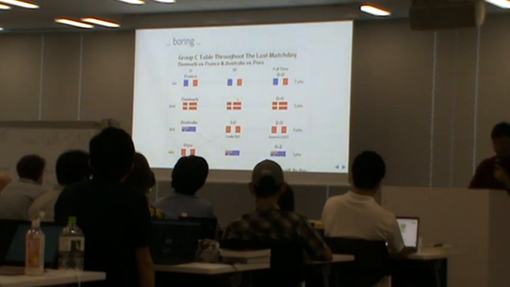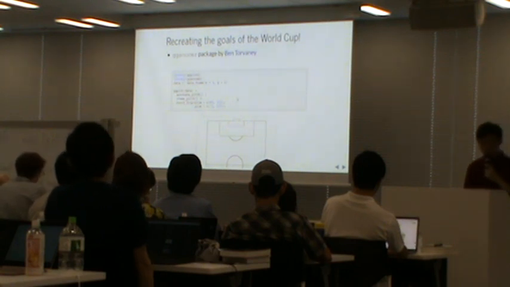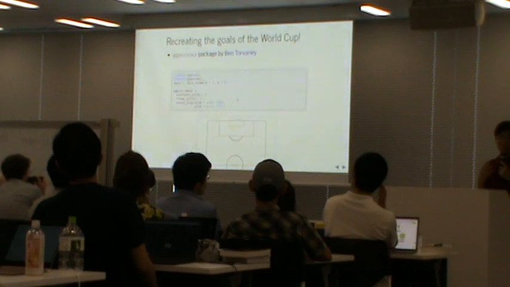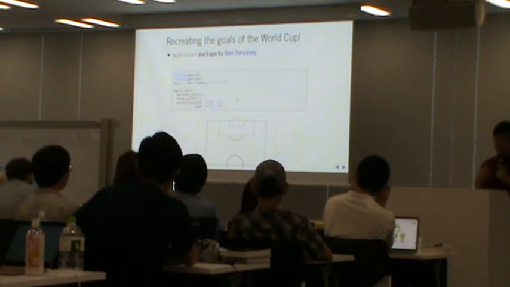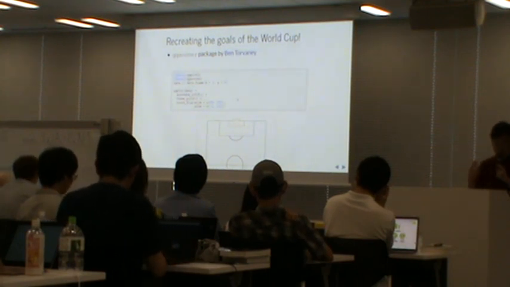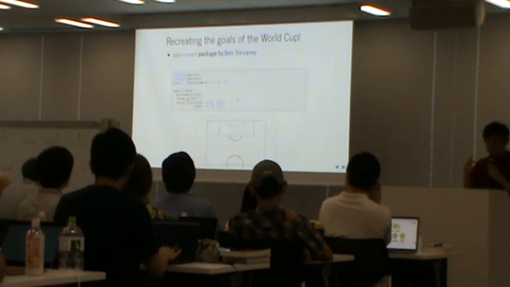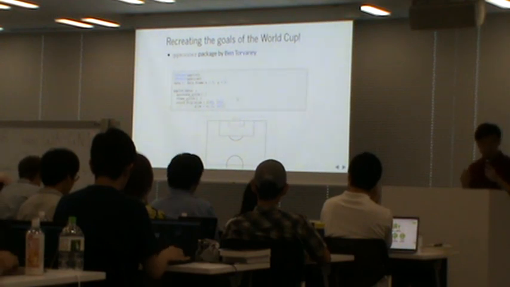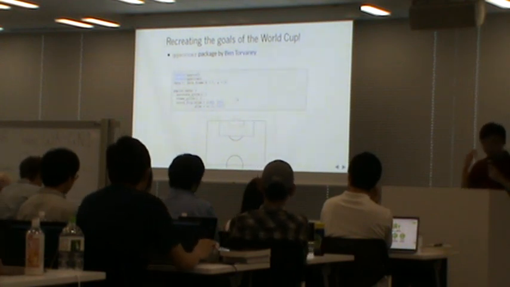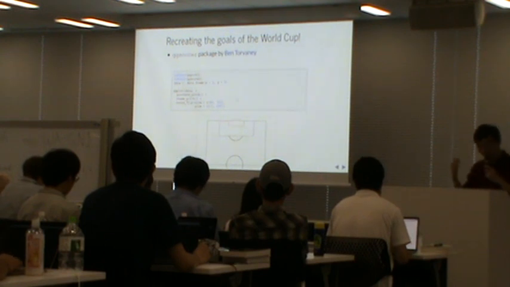So now let's go on to recreating the goals of the World Cup. For doing these, I primarily used the ggsoccer package by Ben Torvaney, which is used in conjunction with ggplot2 to draw a soccer field in R. Basically, the annotate_pitch function creates the markings for the soccer field, such as the center circle, the 18-yard box, etc., while theme_pitch erases the extraneous axes and background stuff from the default ggplot.